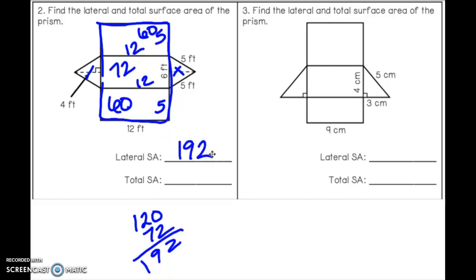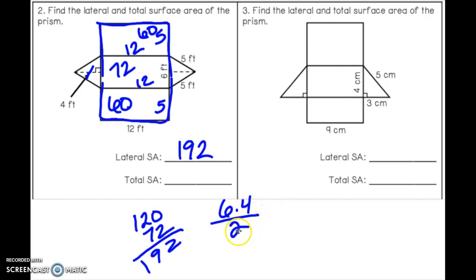To find the total, I have to add these 2 bases. So we're also going to talk about that while we're here. The bases, let me erase this so you can see. The height is 4, it tells us right here, and the base is 6. So it's going to be 6 times 4 divided by 2. But here's a shortcut: there are 2 of them.